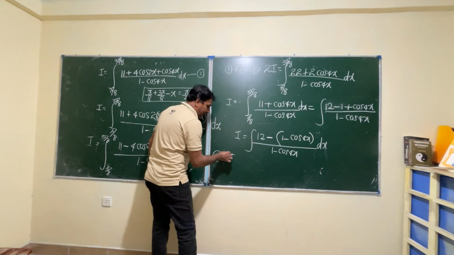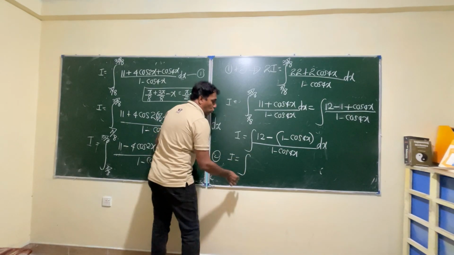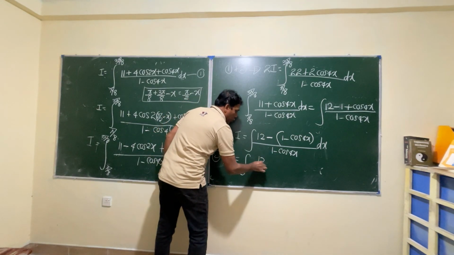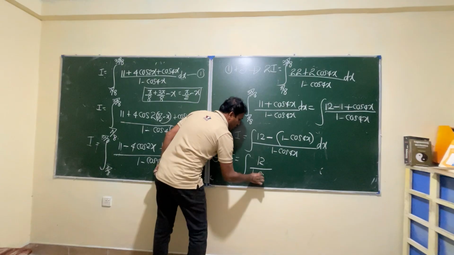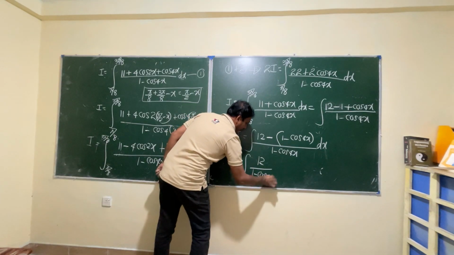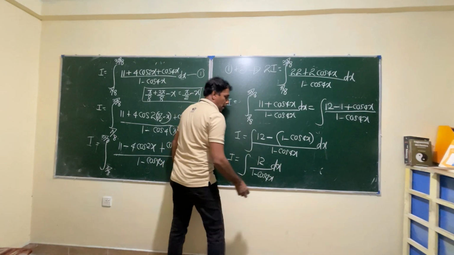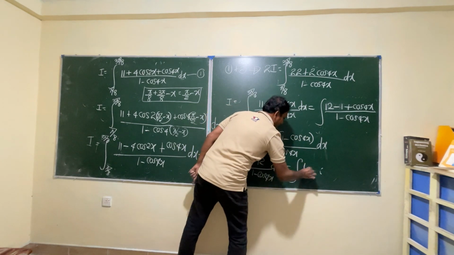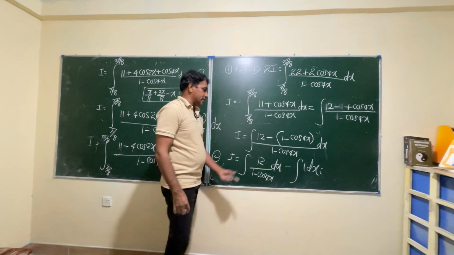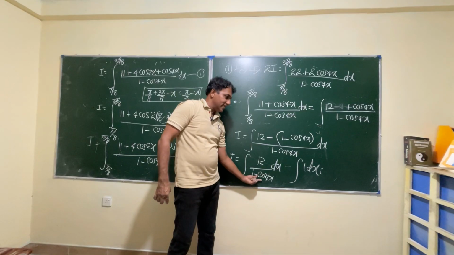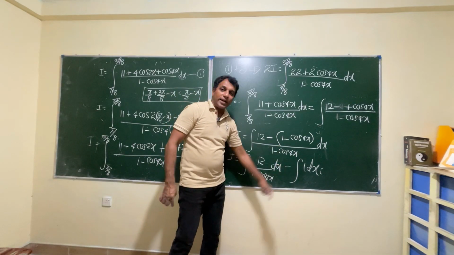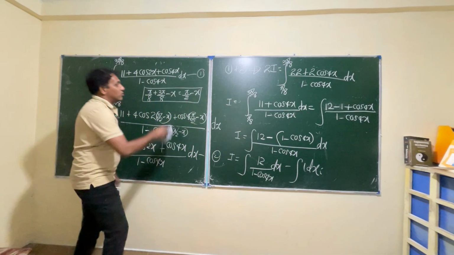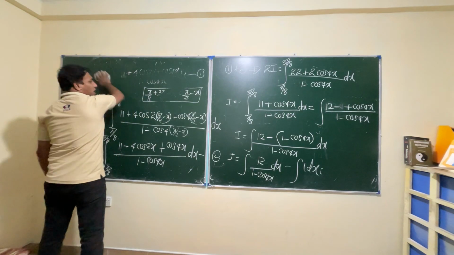I equal 12 over 1 minus cos 4x into dx, minus integral, this cancels, 1 dx. 12 over this and this over this, 1 dx, right? Therefore finally we are close to the answer now.